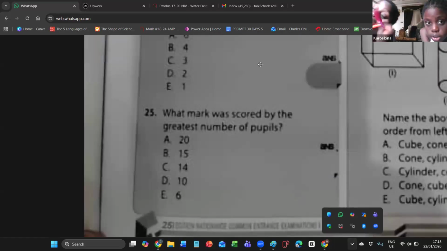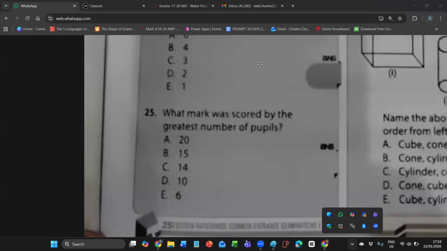I have a question. Okay, what's your question? Why did they say what mark was scored by the greatest number of people? Number 25 says what mark was scored by the greatest number. Are you asking why they said what mark was scored by the greatest?